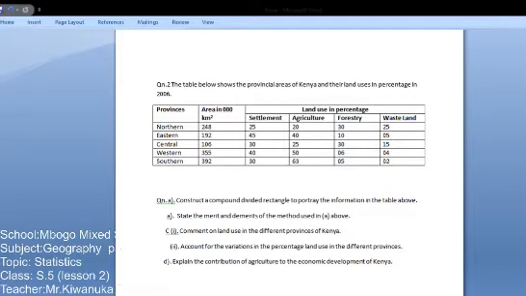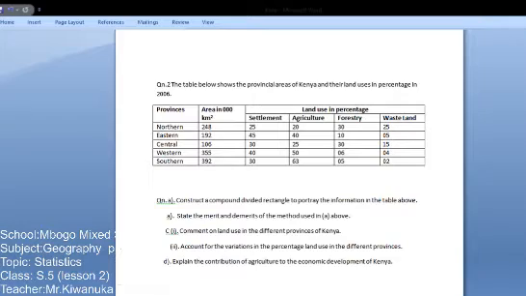the table below shows provincial areas of Kenya and their land uses in percentages in 2006. There is our table. You can see the provinces: northern, eastern, central, western, southern, and their land area in thousands of square kilometers.